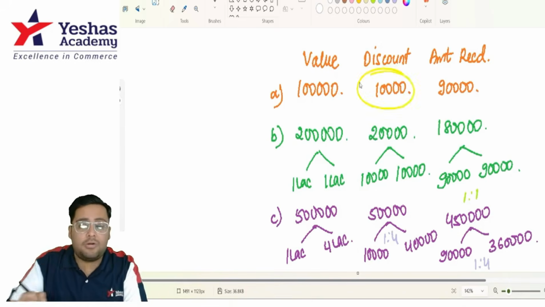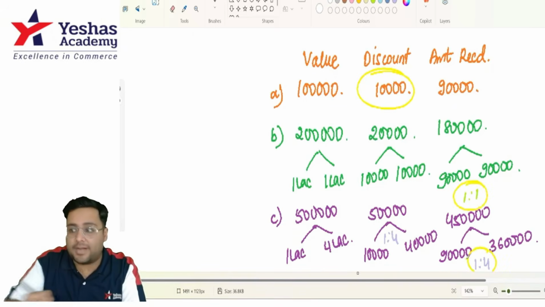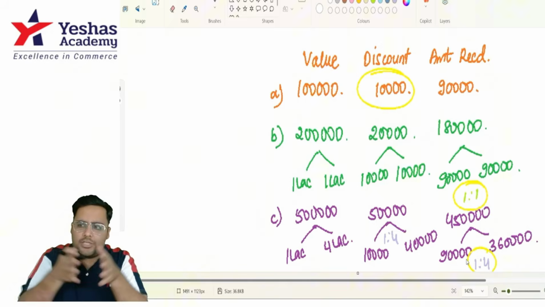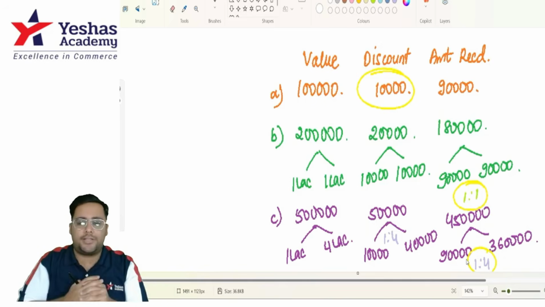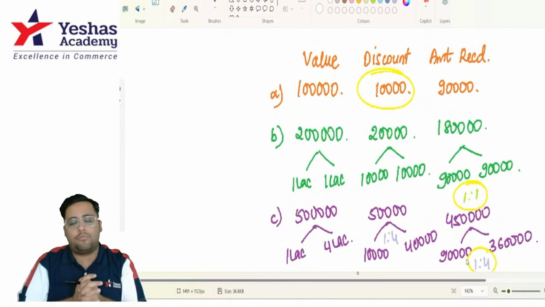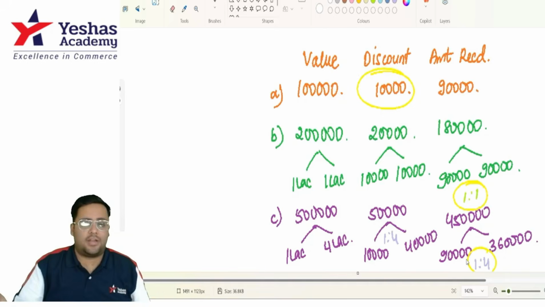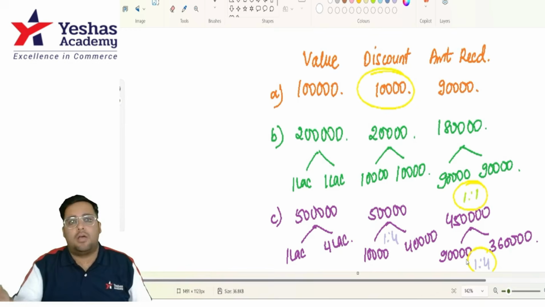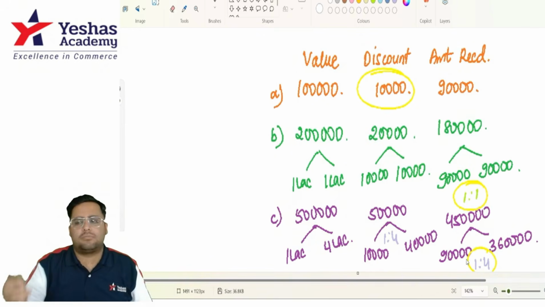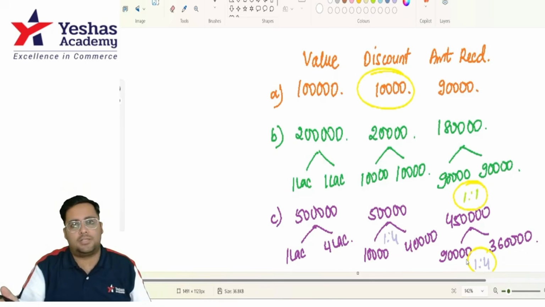But if the amount is used by two parties, the discount should be shared in the respective ratio. Amount ratio 1:1, discount ratio also 1:1. Amount ratio 1:4, discount ratio also 1:4. If you're sharing the amount between two parties, the discount also should be shared. This is called an accommodation bill: a bill drawn without exchange of goods. If it is shared by both parties, the discount also should be shared by both parties.